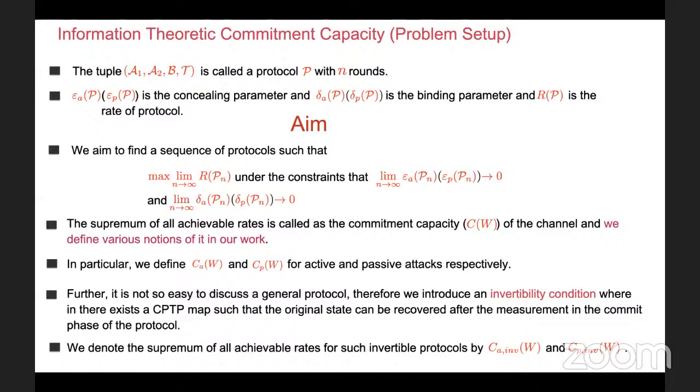For this special case, we define the commitment capacity under the invertibility assumption, and again A and P stand for active and passive attacks from Alice and Bob.